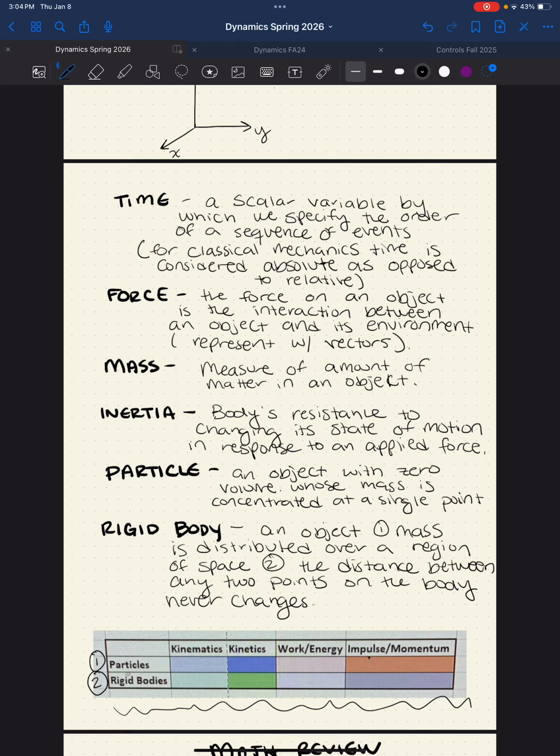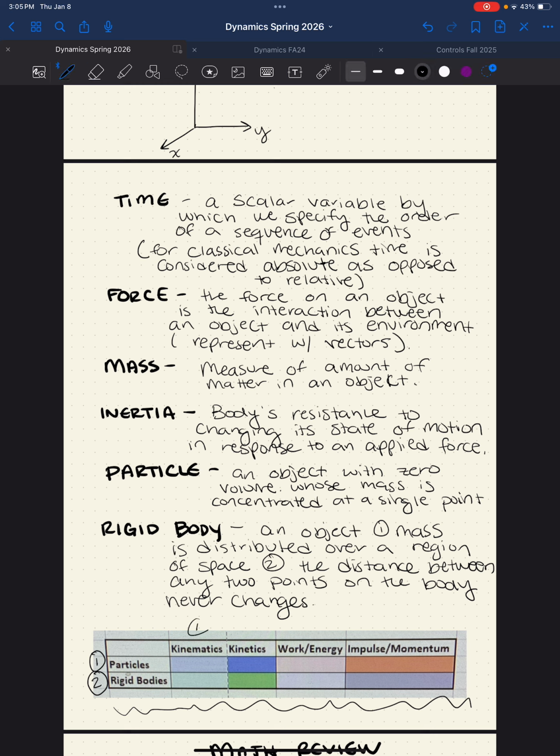If you look at our day-to-day schedule, I've highlighted every day's content as being particle kinematics, particle kinetics, particle work energy, or particle impulse momentum, or rigid body kinematics, rigid body kinetics, rigid body work energy, rigid body impulse momentum. Okay, and in fact, this is the order in which we're going to do the information as well.